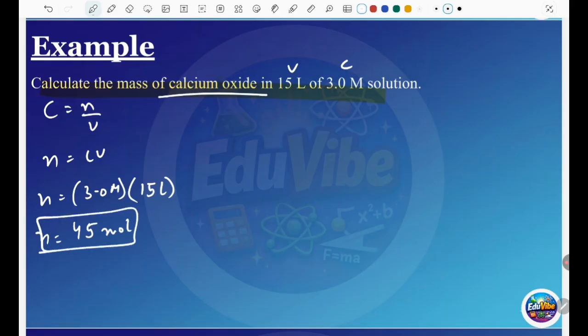Now this is calcium oxide, which is basically CaO. You can find the molar mass for this. Ca is 40.08, I think. Yeah, and we add to this O, which is 16.00. You get the molar mass of about 56.08 grams per mole.